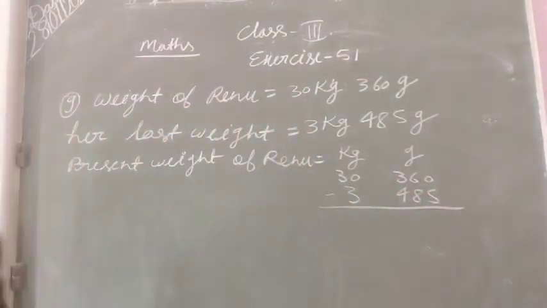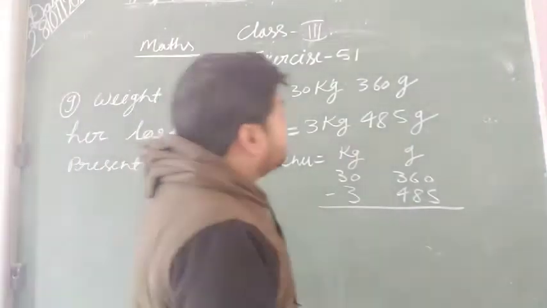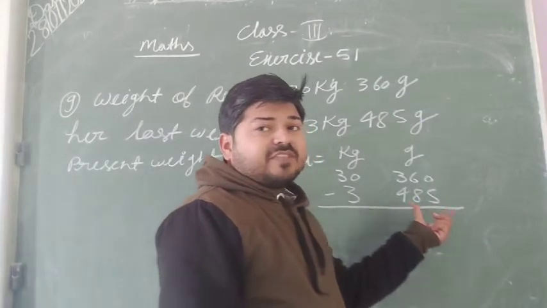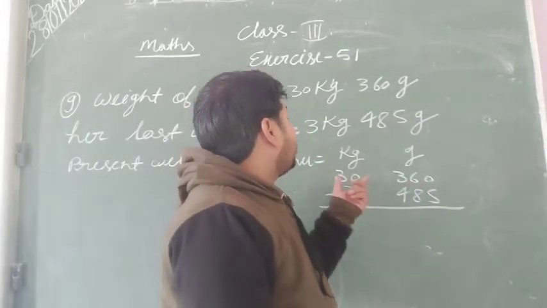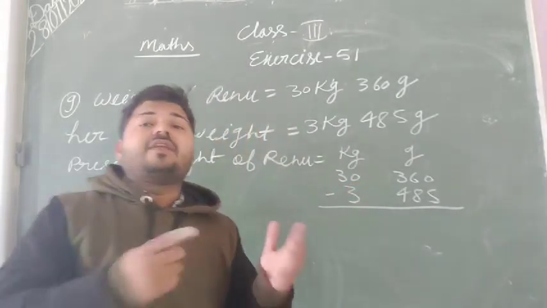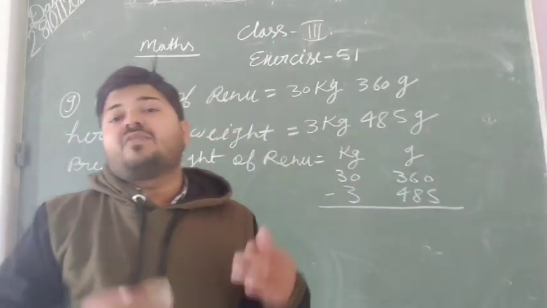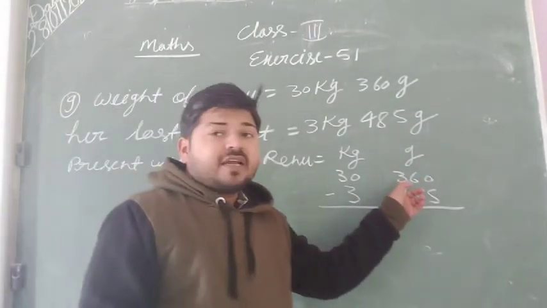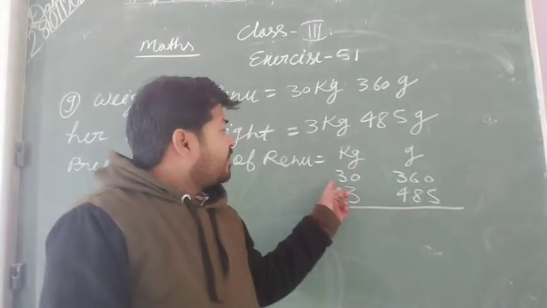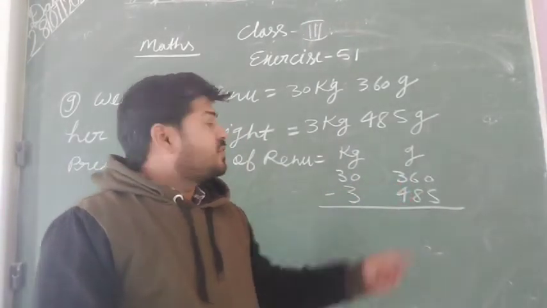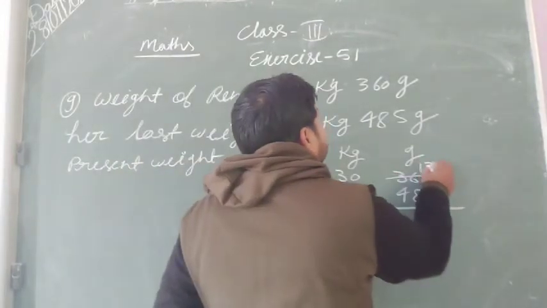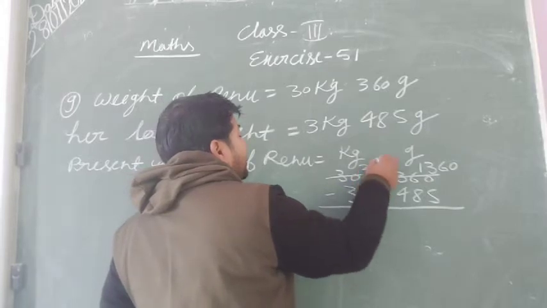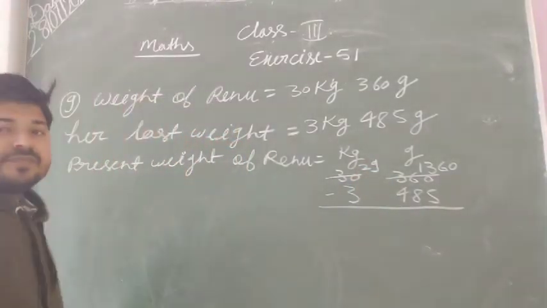So you have to subtract it. Here you can see that 360 is smaller than 485. So it cannot be subtracted. So it will take carry from kg, and kg will give carry 1 kg. 1 kg means 1000 gram. It will give carry to gram. So here it is 360. If kg is giving 1000 gram, now it will become 1360 gram, and now this kg will become 29 kg. Okay.